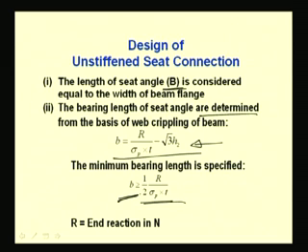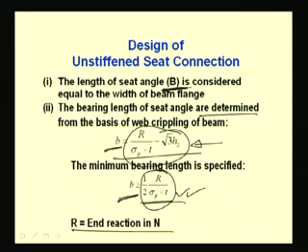So for designing, first we will find out the length of the sheet angle, which is equal to the flange width of the beam. Then we will find out the bearing length of the sheet angle from these equations, and in any case this bearing length should not be less than this; if it is less, we have to consider this value.